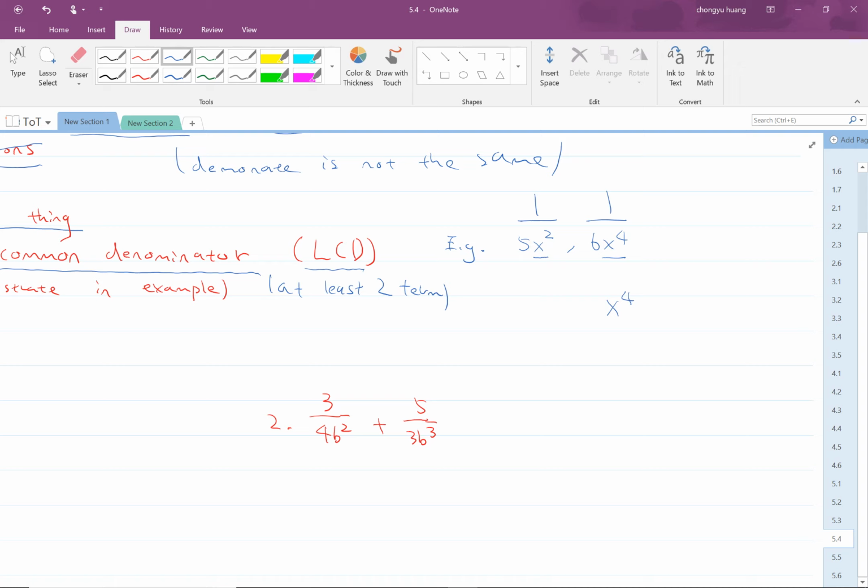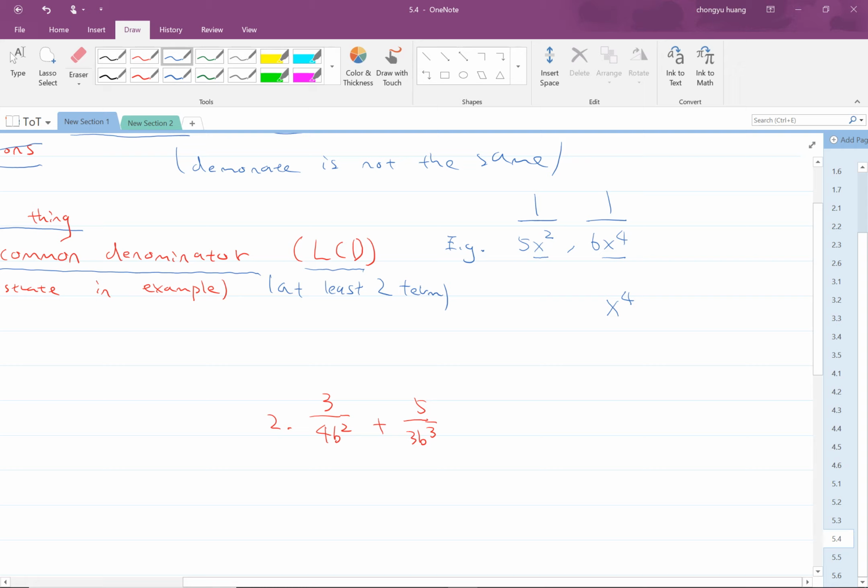If we chose x to the power 2, that just would not make sense. So now we have found the least common denominator for the variable.